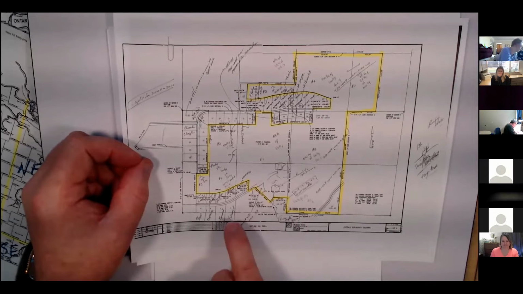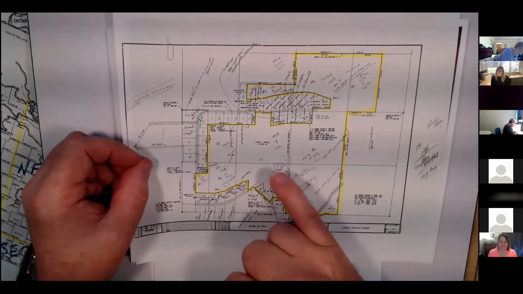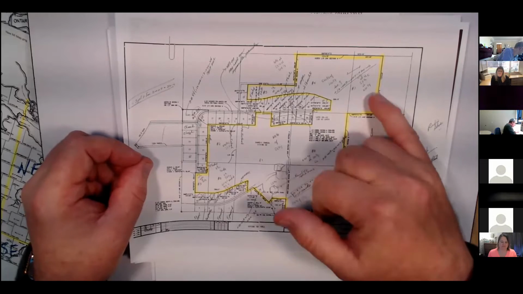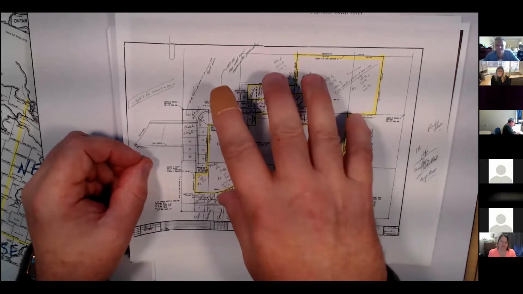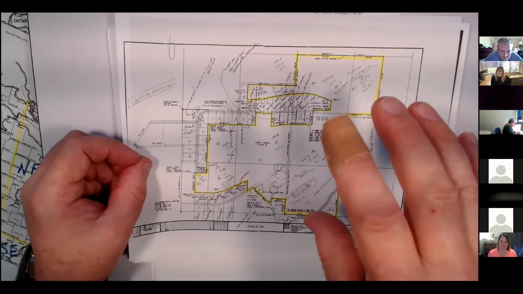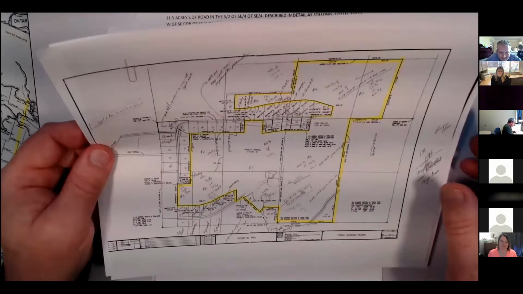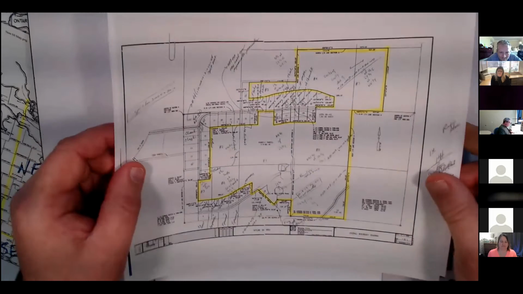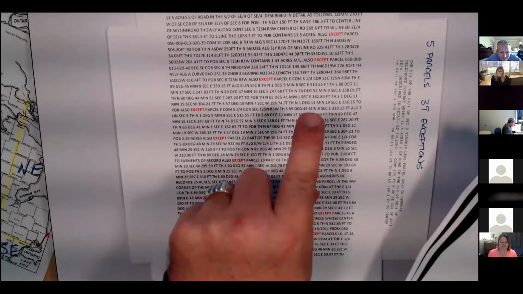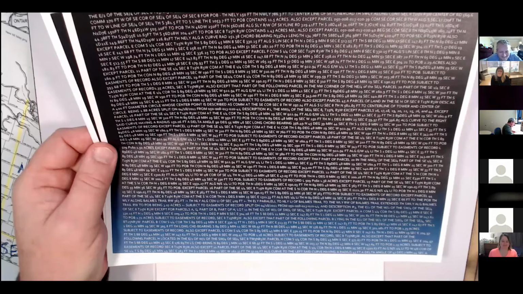Well, there's one here, and there's a couple of them in here. And they took what was a larger piece of property and kept describing it that way by making exceptions rather than rewriting the description. In this particular description, there were 39 exceptions that we had to go through and kind of ferret out.